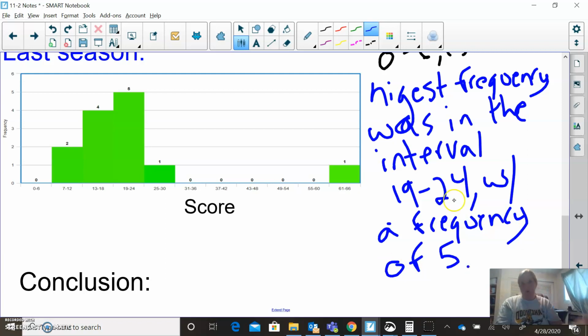Okay. Now we had a bunch that were 0, and I'm not going to list them all, but you can see that 0 through 6 has a frequency of 0, and 31 through 36 has a frequency of 0.